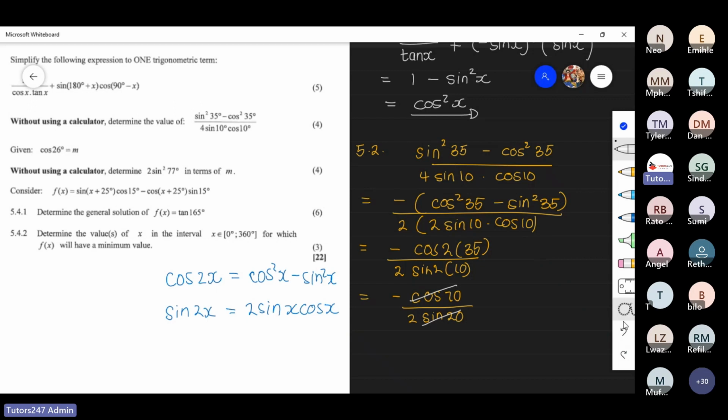The reason behind that is because we can change one of them to become the other. So sine of 20 can be rewritten as sine of 90 minus 20, right?